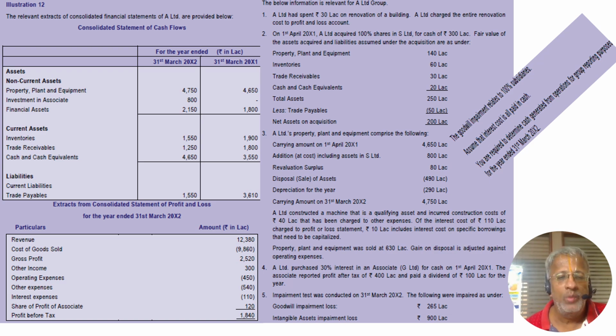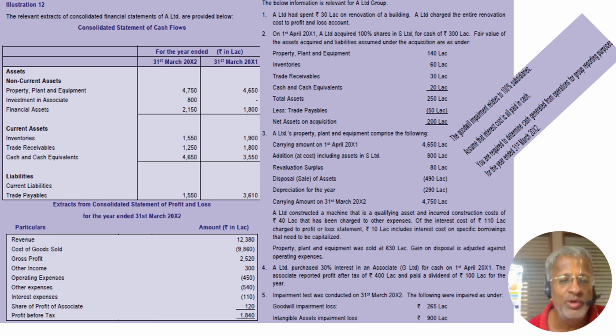So what we need to look at is immediately go to this particular stage where they have given the breakup as opening balance 4650, then additions 800, revaluation 80, disposal 490, and depreciation 290, and you have 4750 as the close.